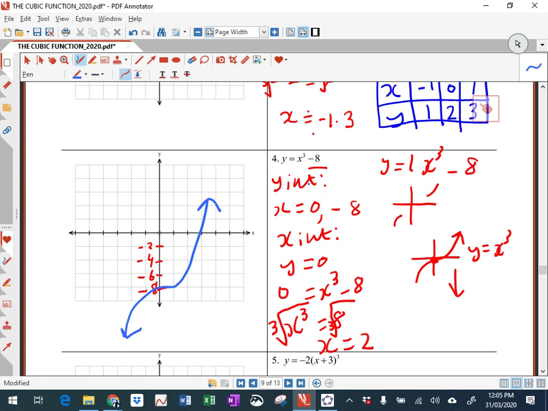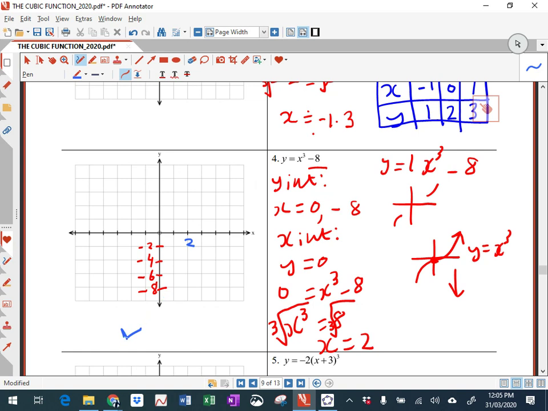Now, I know that for my x-intercept, it's 2. So maybe before I did that, because 2 is pretty easy to show on the scale, I should have just said, look, here is 2. I know I'm going to go through 2 there.